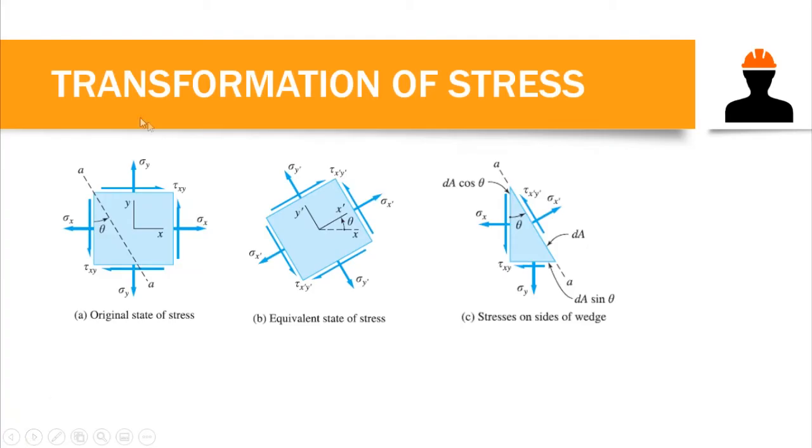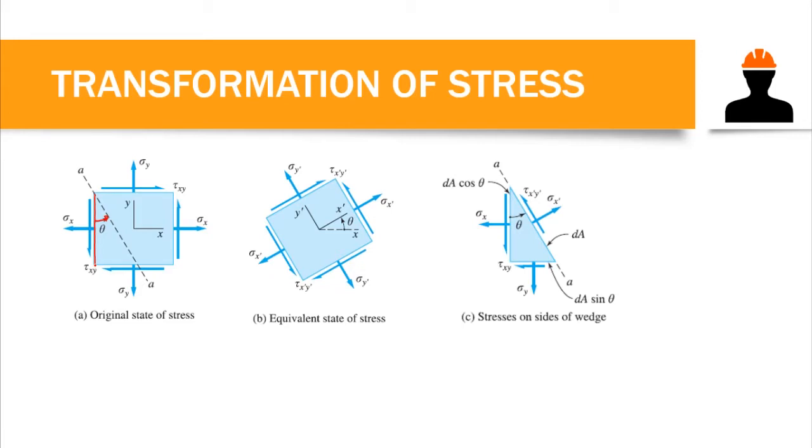Now, if this is our stress element when we don't have a rotation, let's say this is the original state of stress. If we want to determine the normal and the shear stress at section AA, and section AA here is at angle theta with respect to this axis, then there's a rotation happening in our stress element.